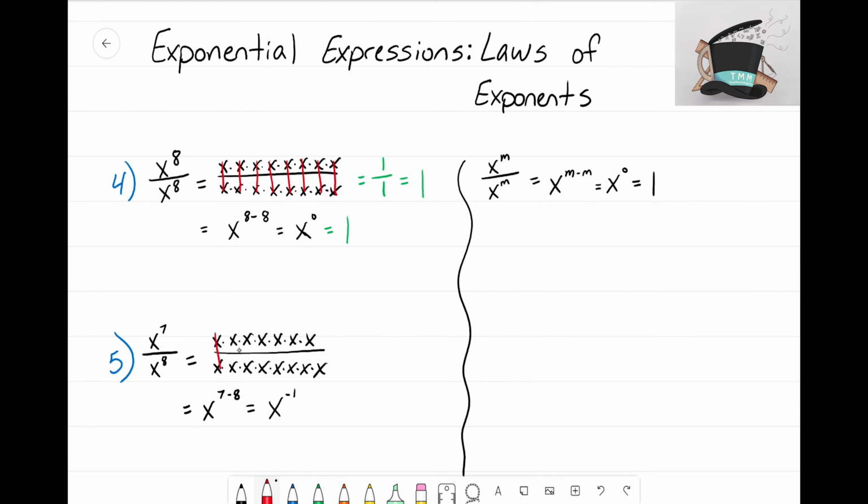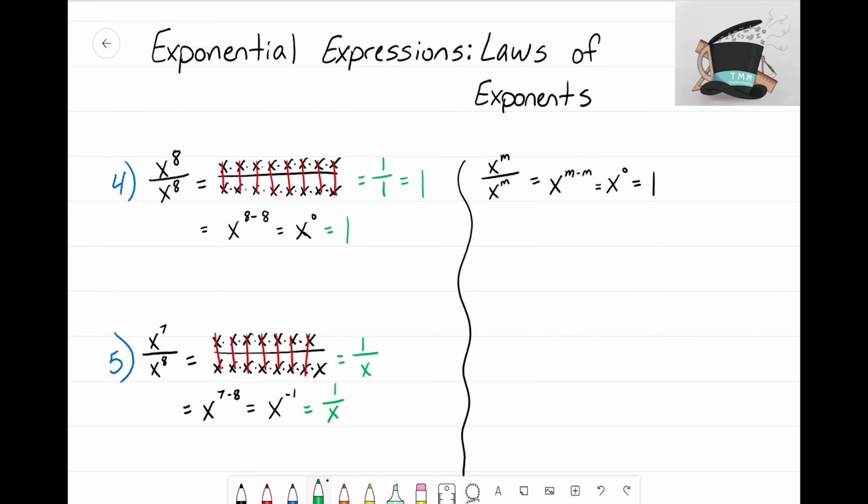All of these x's become 1s because they are canceling each other out, and look what we are left with: a 1 on the top and an x on the bottom. So we now know that x to the negative 1 is really just the same thing as 1 over x.